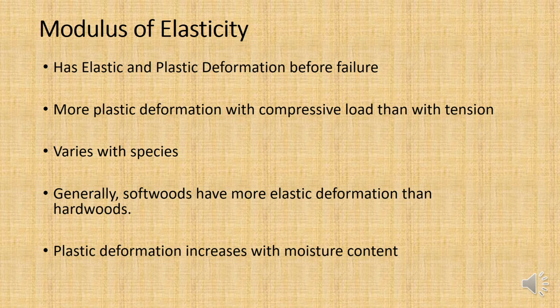Remember, with concrete and aggregate, there was very little plastic deformation. Basically, once it started moving permanently, a nanosecond later of increased load, the concrete broke. With wood, there is actually more plastic deformation.